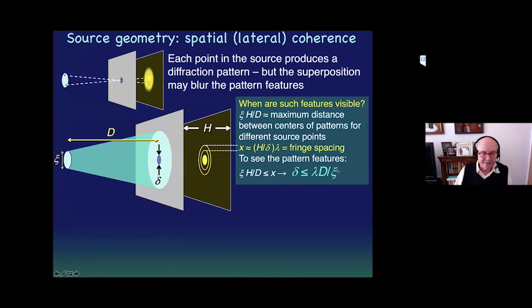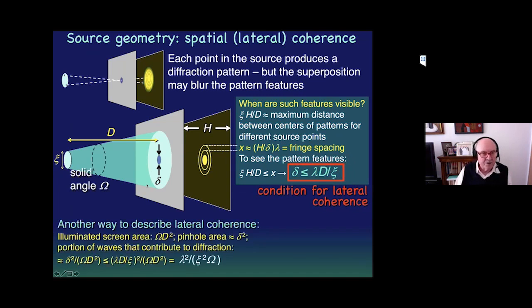Now you can look at the same condition in a slightly different way, which is also quite interesting. Suppose that the source, as is shown here, is emitting over a solid angle omega. Now you realize that most of the radiation is not participating in diffraction, because only the portion that goes to the pinhole is giving you diffraction.